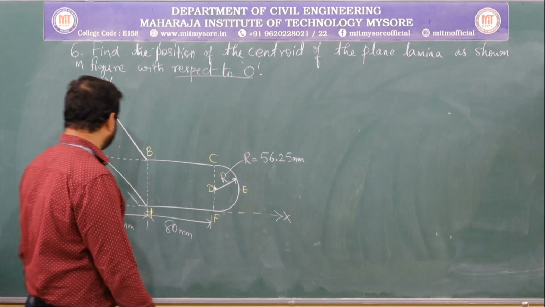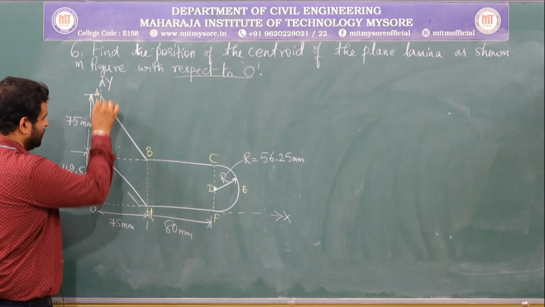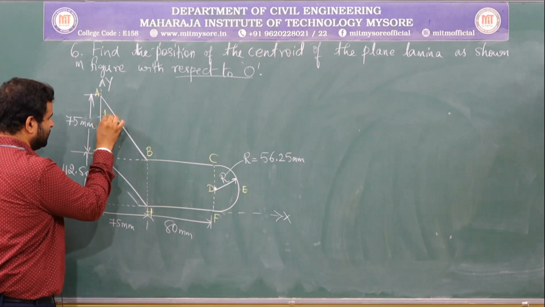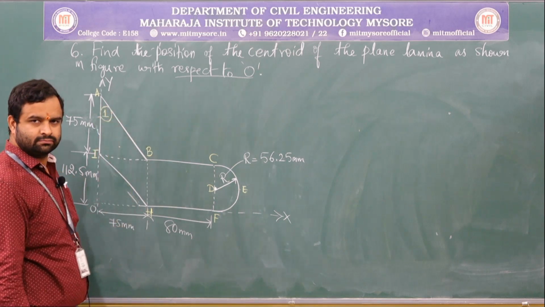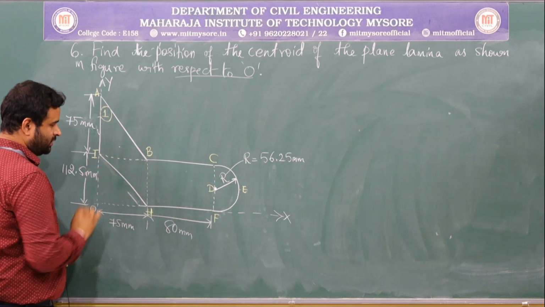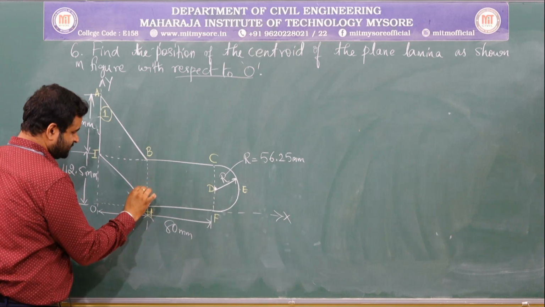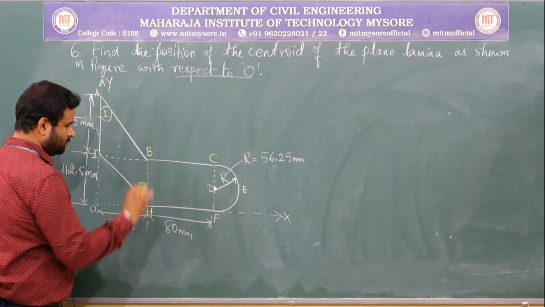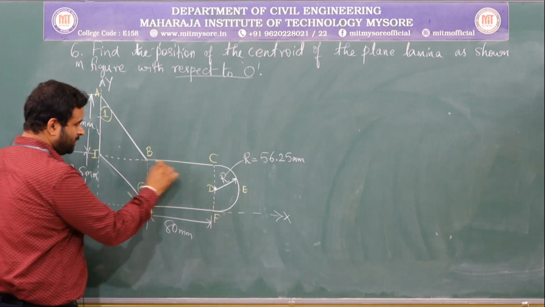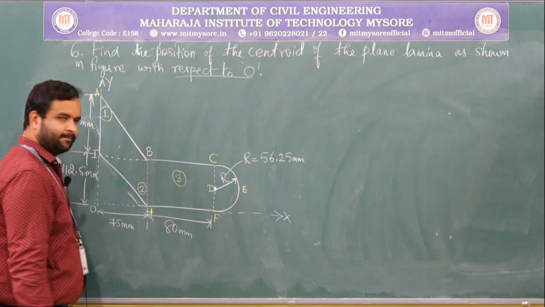See the first component or the first triangle ABI portion, it is looking like a right angle triangle. So, let me name it as component 1, and we have this second component, again it looks like a triangle. So, let this be component 2. Now, the third component be this rectangle, component 3.